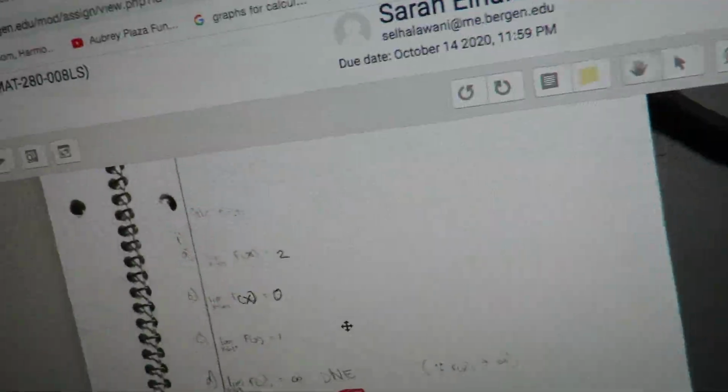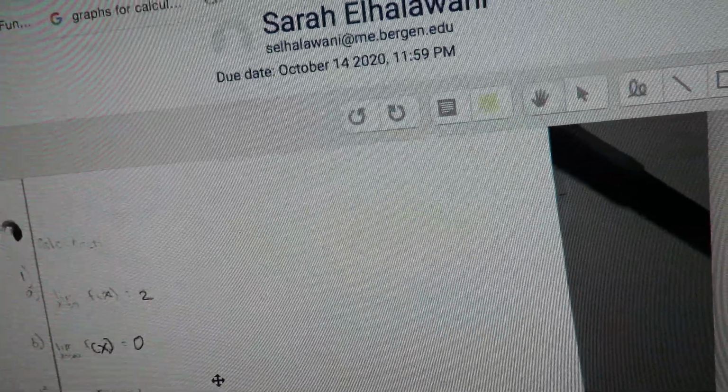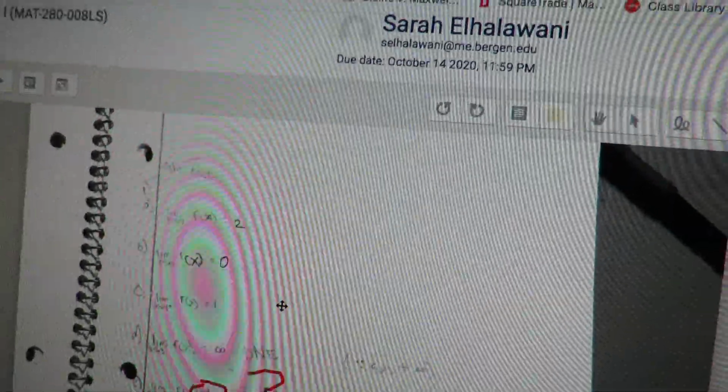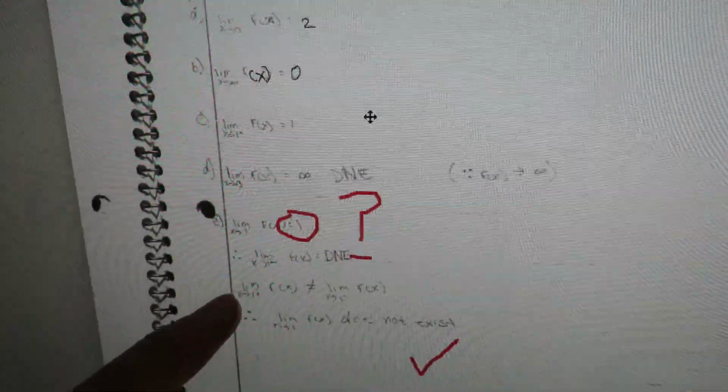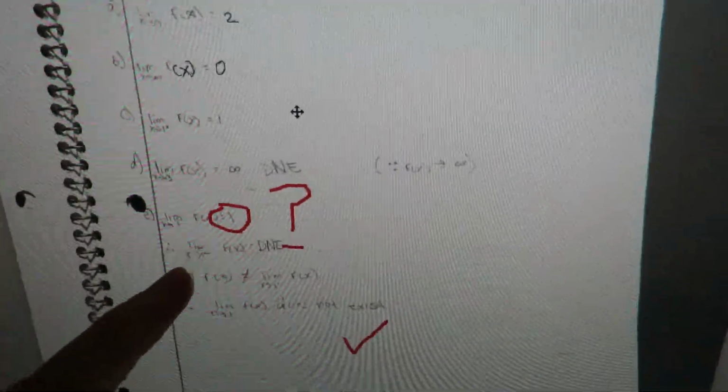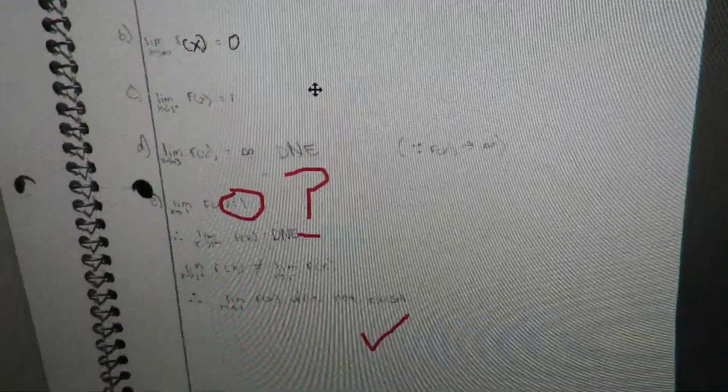Now, on this next one, the way you wrote this got me confused. The answer is DNE, and I let you have it because I'm trying to even remember what the picture looks like.